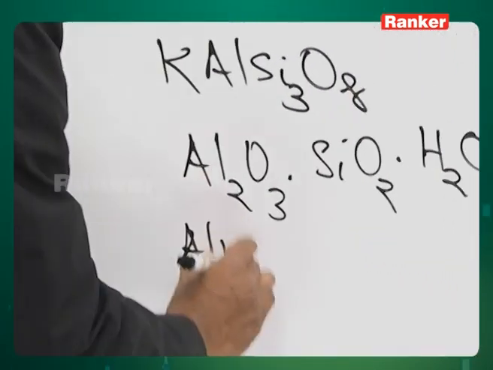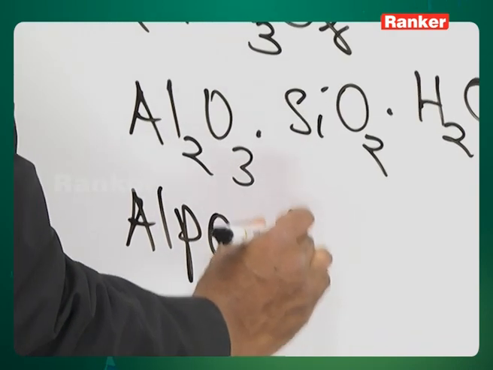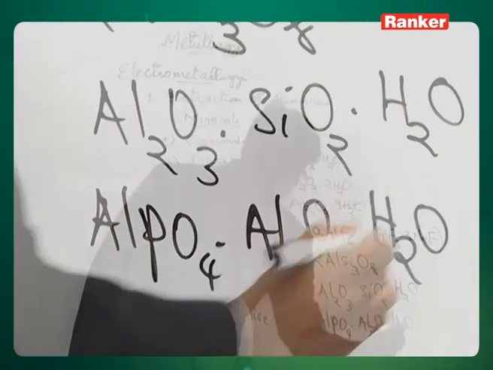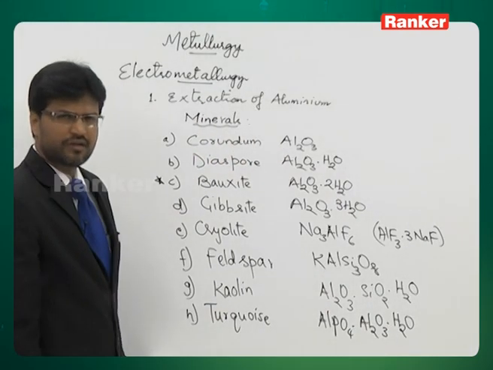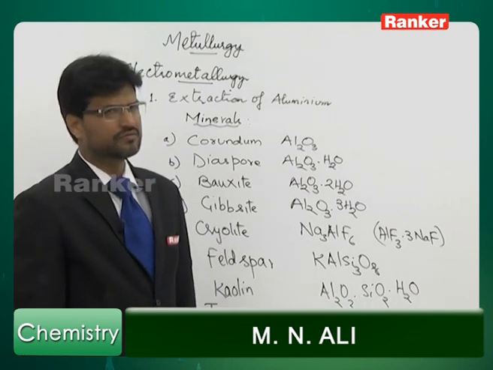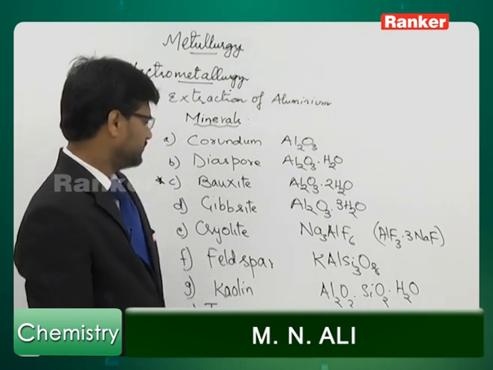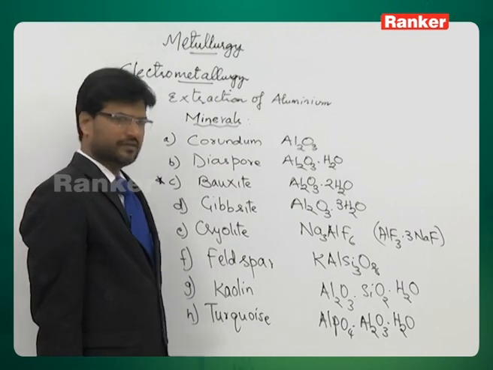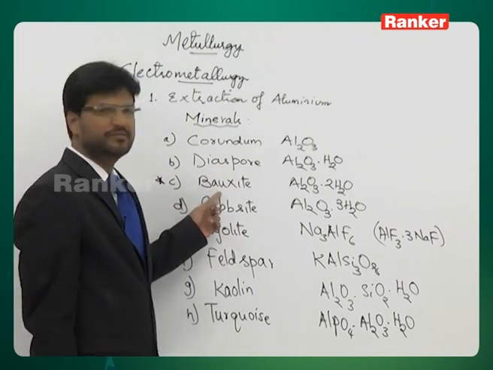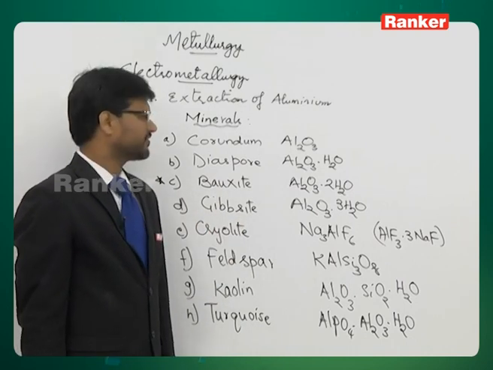Turquoise is AlPO4 dot Al2O3 dot H2O. It's a phosphate mineral of aluminum. So this is a list of important minerals of aluminum, and the chief ore, aluminum is mainly extracted from bauxite mineral.